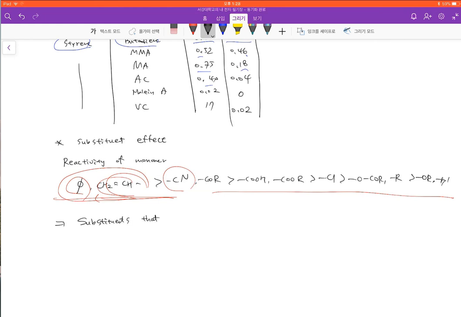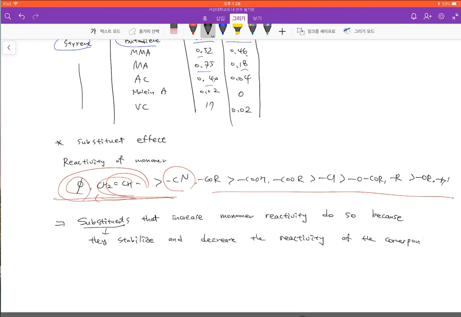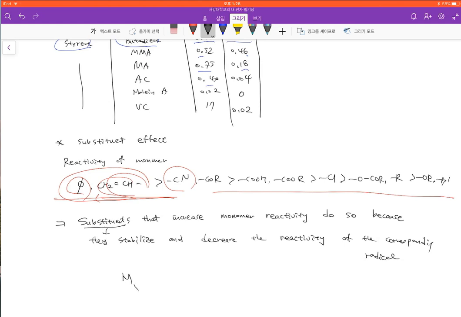Okay. So, if I summarize in a sentence, substituents that increase monomer reactivity do so because these substituents stabilize and decrease the reactivity of the corresponding radical, right?